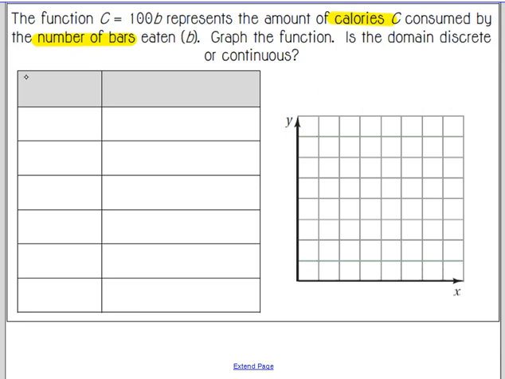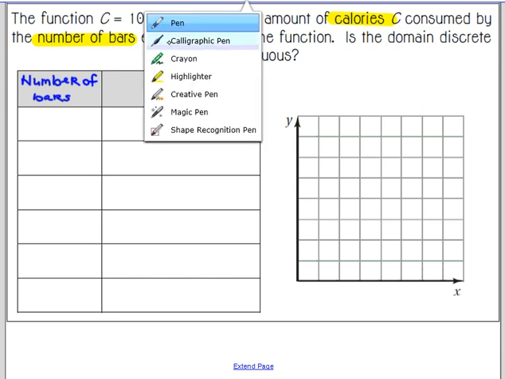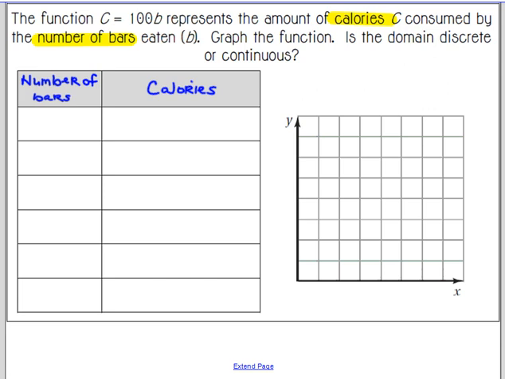So our independent would be the number of bars. And then our dependent are the calories.